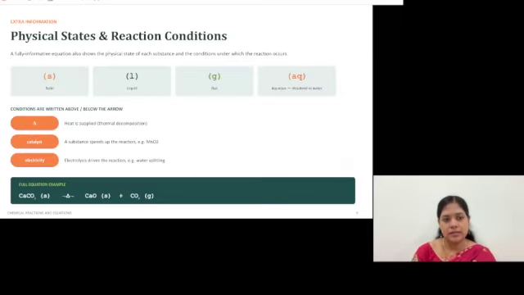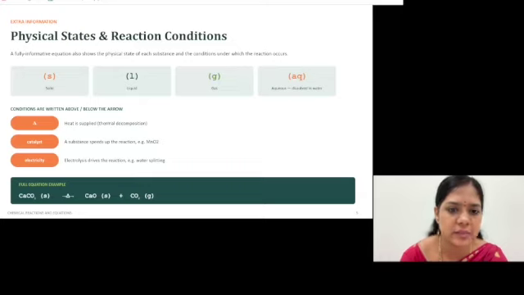So as we discussed in the earlier case, to represent the state of the reactants or the state of the products, we use subscripts. Okay, solid, liquid, gas or aqueous. So these things we are going to mention as a subscript.